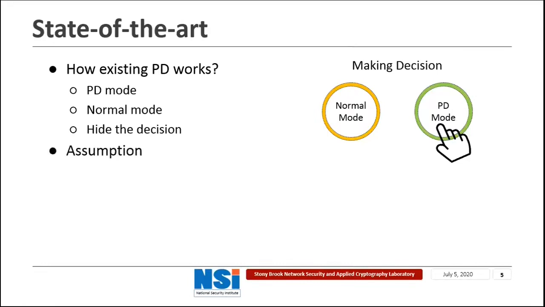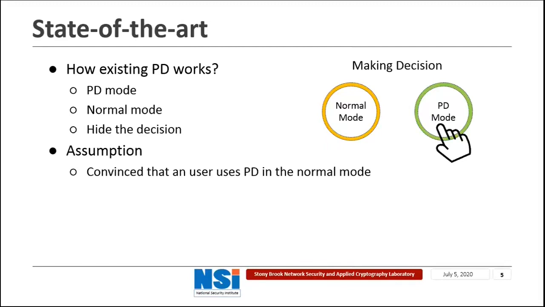All current PD schemes work under an assumption that users can be convincingly shown to use a PD scheme in the normal mode. However, this assumption is sometimes not that convincing, as a PD scheme is designed for a user to hide the existence of some hidden data.